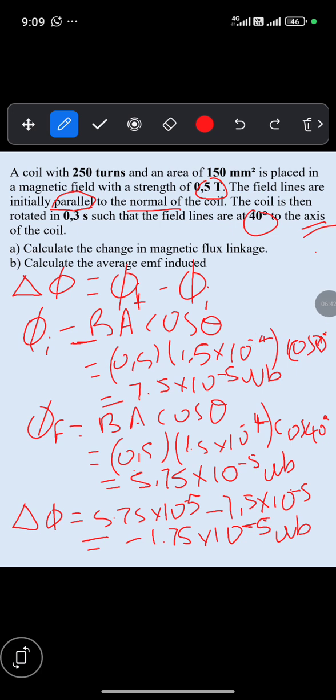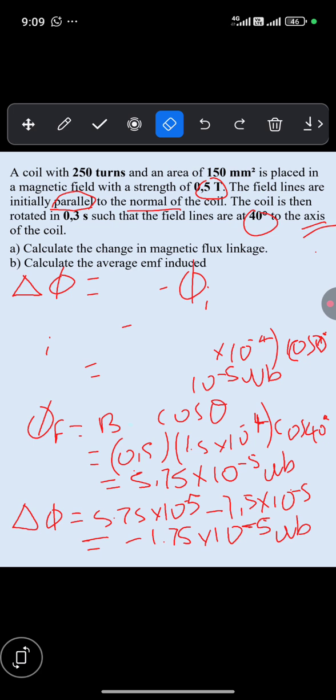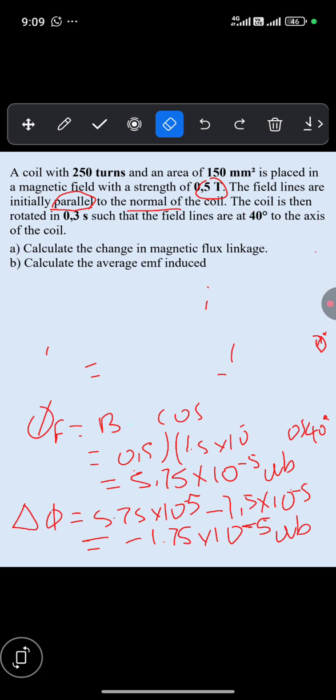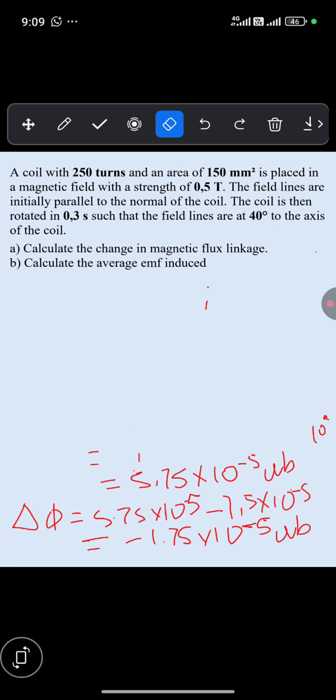The next one is calculate the average EMF induced.